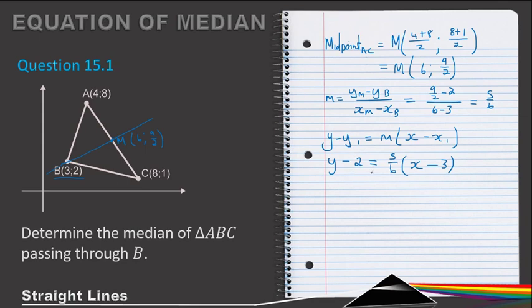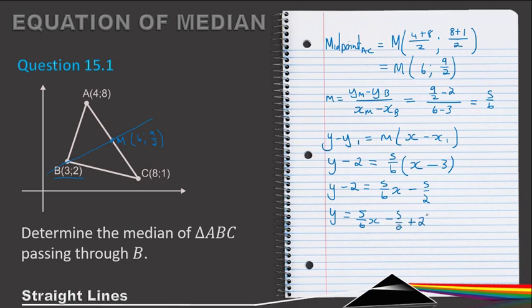And then I just put it in standard form. Y minus 2 is equal to 5 over 6 x. If I multiply this in, the 3 and the 6 will cancel, so I'm left with minus 5 over 2. And then take the 2 over to the other side. Y is equal to 5 over 6 x minus 5 over 2 plus 2.